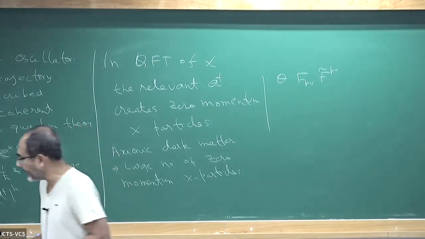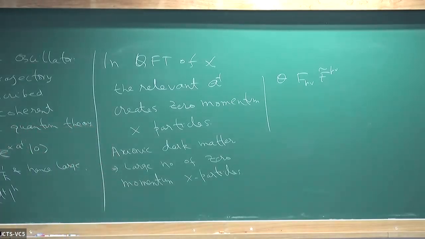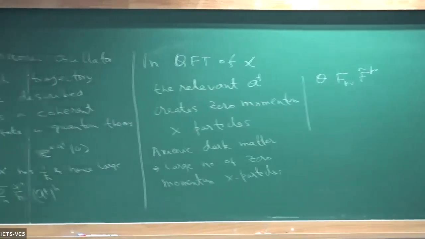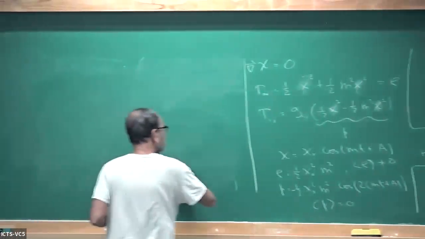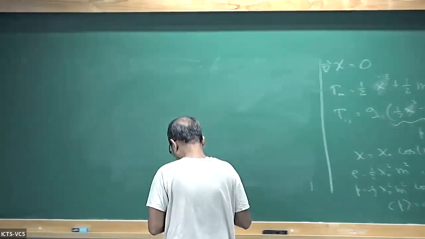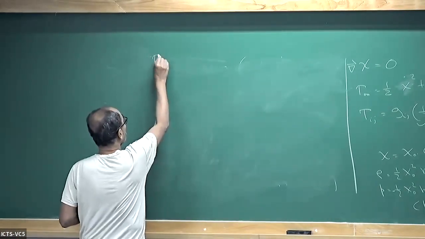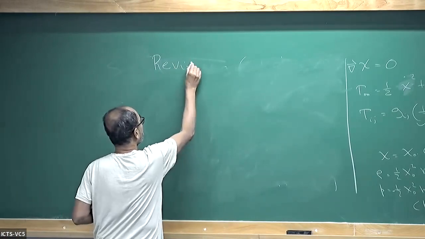Okay, so let me at least start with the classical part of inflation. This will be more like a review of what we have already done in GR. So we review the horizon problem.